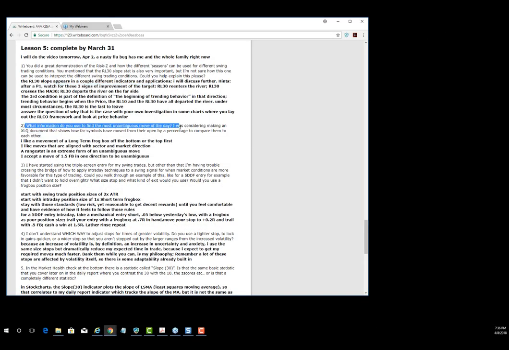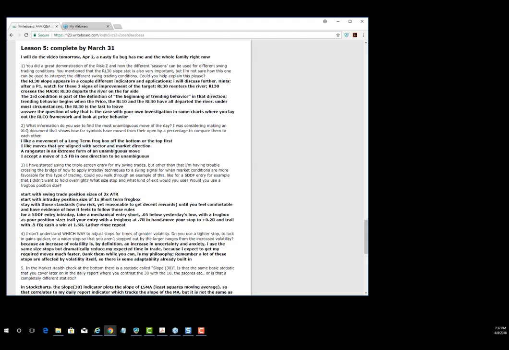What information do I use to find the most unambiguous move of the day? I like the long-term frog box. The unambiguousness is when, if you see a big move already, that's already the long-term frog box, and if it's aligned with the sector and the market both going in that same direction, then I consider that to be an unambiguous move.